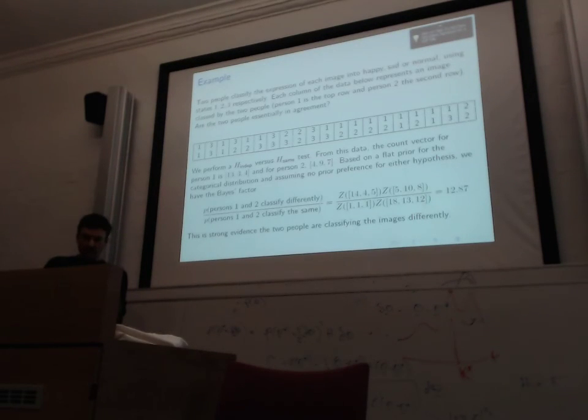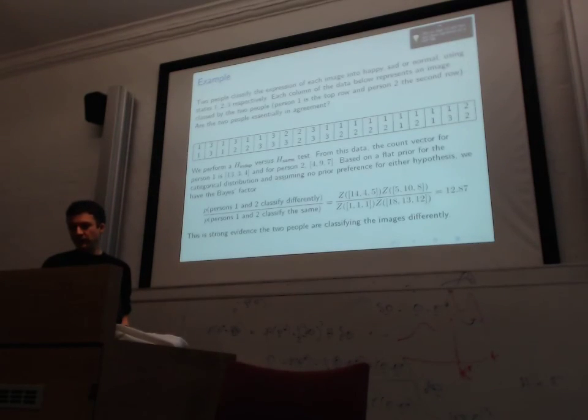The psychologist might be interested to know, are these people different? Do people classify these images differently? So we could use this analysis, and we want to know whether the two persons classify these images differently, or they classify them the same. We just write that into that expression. This is the count. I'm going to use a hyperparameter of all ones. So the outcome for A, which is 1 in this case, is the vector 14, 4, 5.